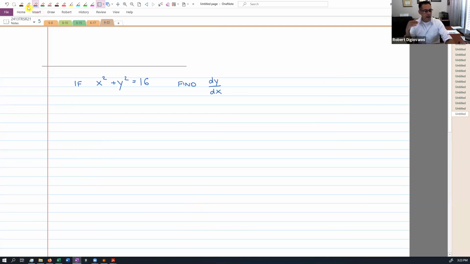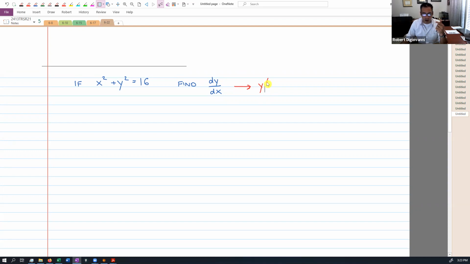In other words, what I'm asking you to find is y prime, right? Now, again, understand the difference in those two notations. The dy/dx is telling me that x is the independent variable and y depends on x. This notation doesn't tell me that, so we just have to understand that that's what we mean.